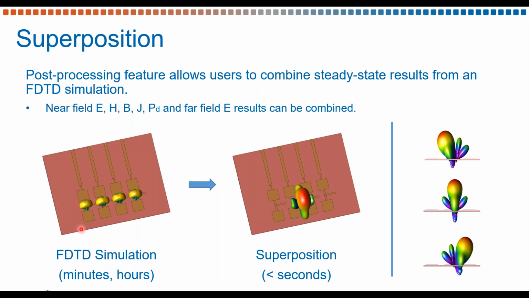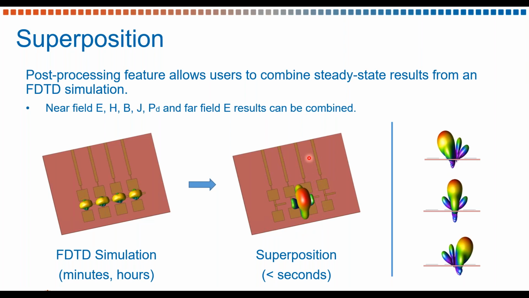One nice thing about this is we can combine these results to get a composite result of all 4 elements active at the same time within seconds. To the right, you can see now we have all of the 4 elements excited with equal phase and magnitude to get a more directional pattern.